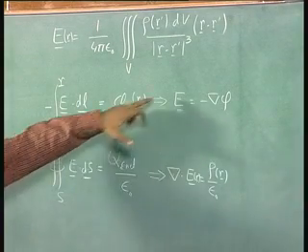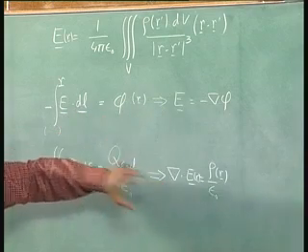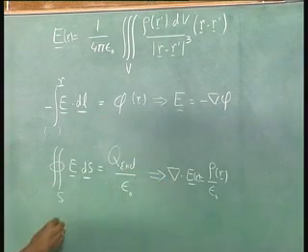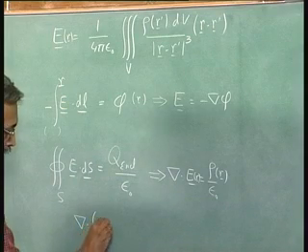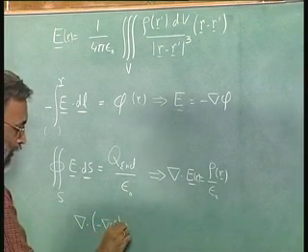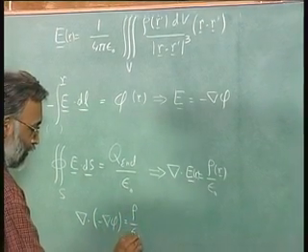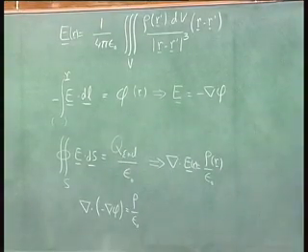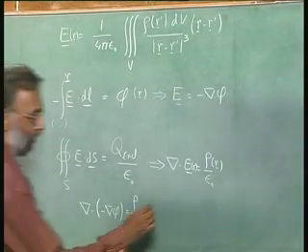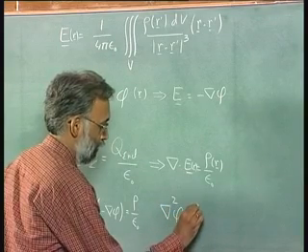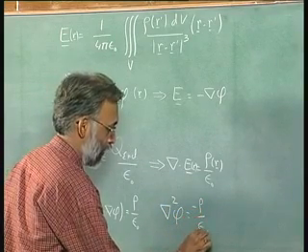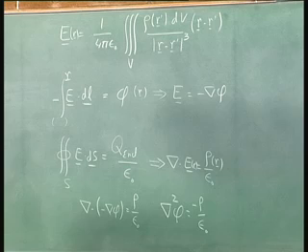If you combine these two equations, last class we saw it is essentially saying divergence of minus gradient phi is equal to rho over epsilon naught, which is rewritten as del squared phi equals minus rho over epsilon naught, and this is what we call Poisson's equation.